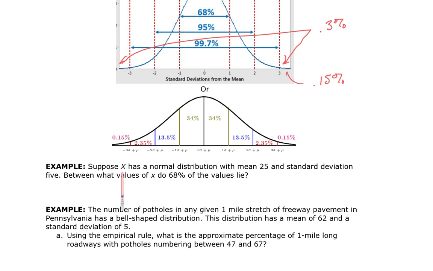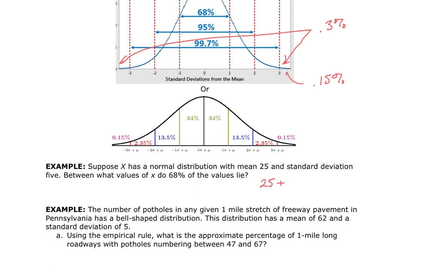Suppose X, which is the thing that we're interested in, not the individual piece, so it's capital, has a normal distribution with a mean of 25 and a standard deviation of 5. What values of X do 68% of the values lie? Well, if we are using the empirical rule, we have 25 as my mean.